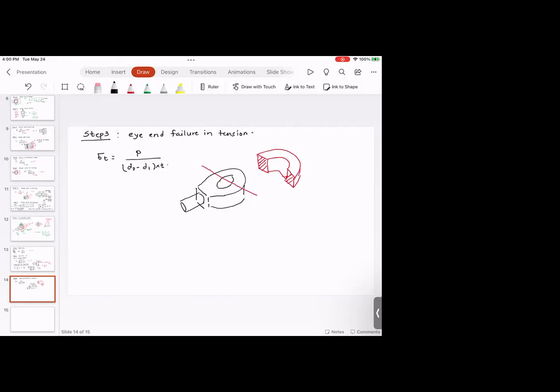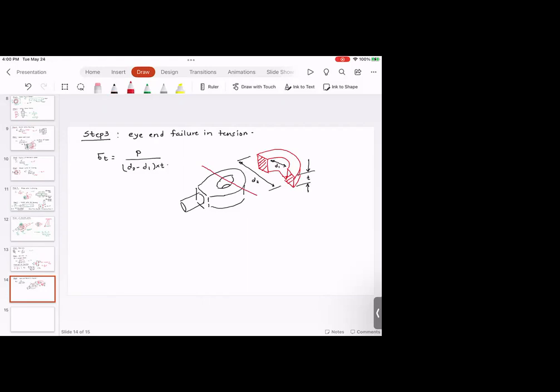So this dimension is D2, this dimension is D1, and this dimension is t. So this is the eye end failure in tension. Already think about it, this D1 is the same as the diameter of the pin.